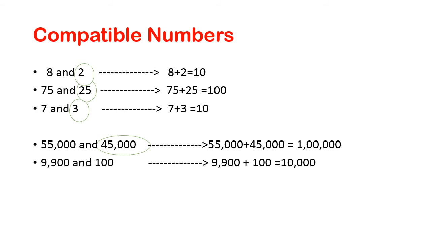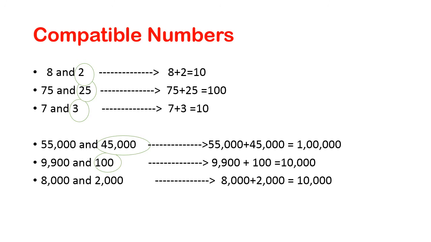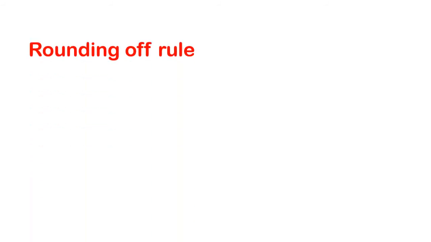When we add 100 to 9,900, we get 10,000. So that 100 is called a compatible number. And also 8,000 and 2,000. When we add 2,000 with 8,000, we get 10,000. So here 2,000 is a compatible number. So these are the examples for compatible numbers.